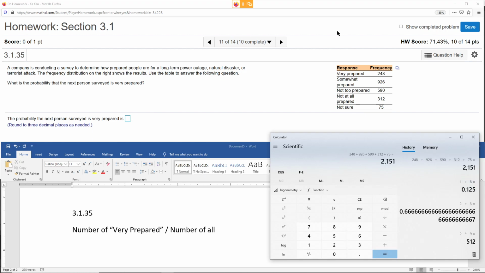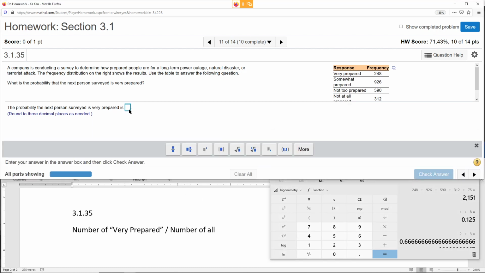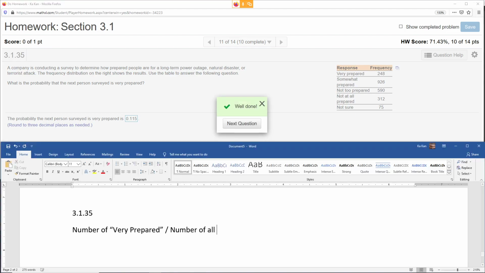So it will be 248 divided by 2151. So it's 0.115. They want 3 decimal places, so 0.115 is right. Like that. So again, not very difficult.